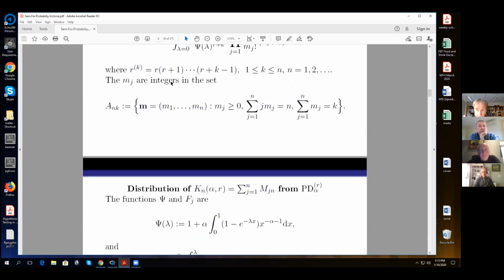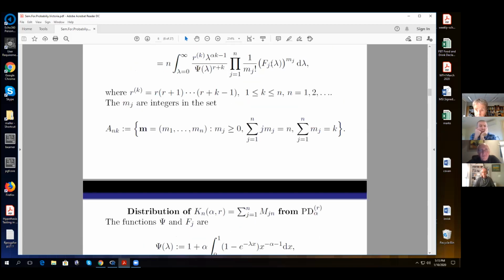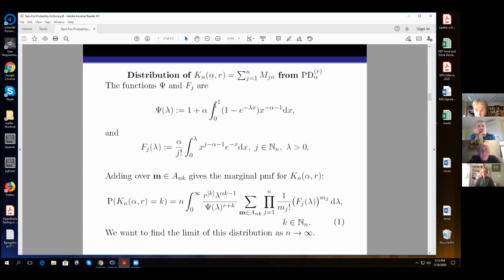The two functions, psi and f, are given by these formulae. And the critical point to note is this x to the minus alpha minus 1 term. You can see this is a kind of Laplace transform.